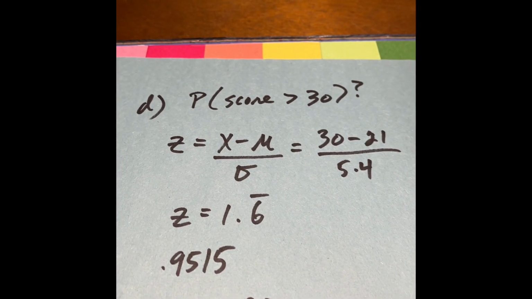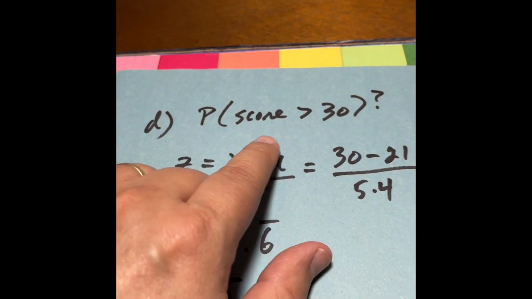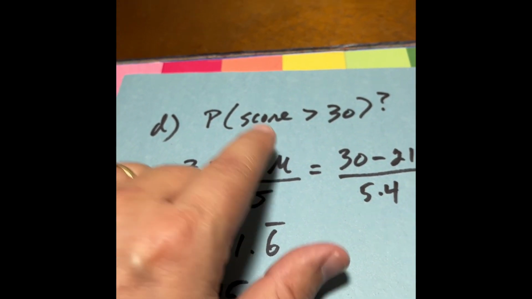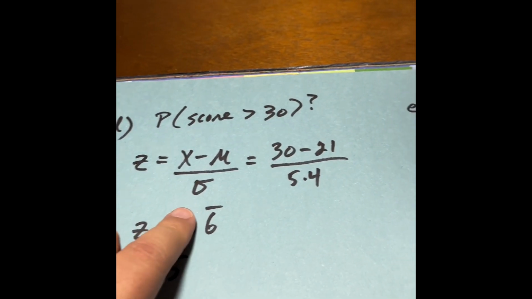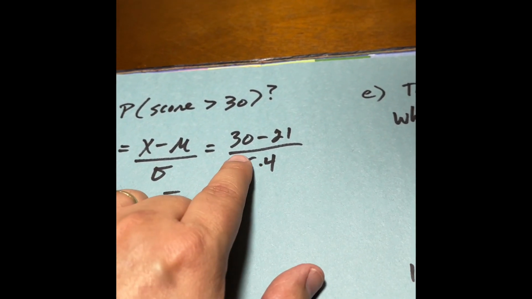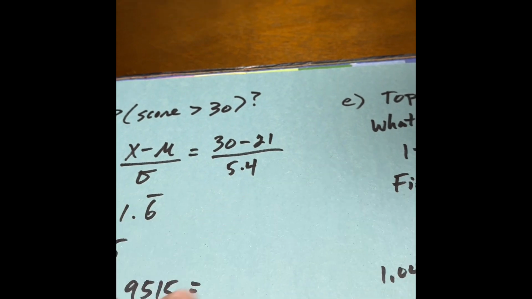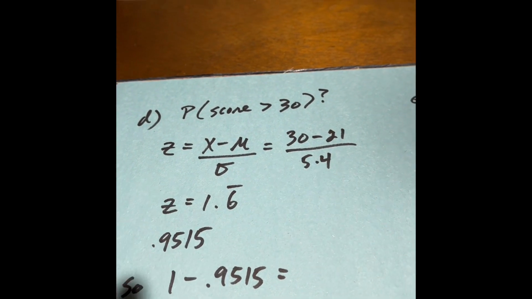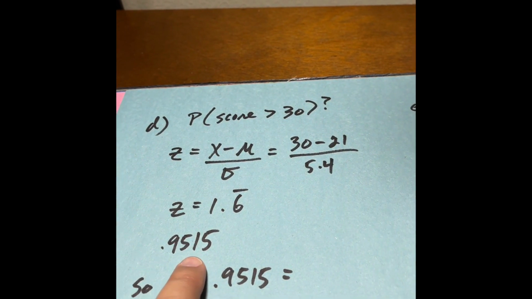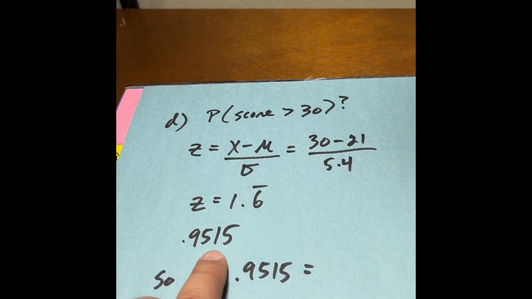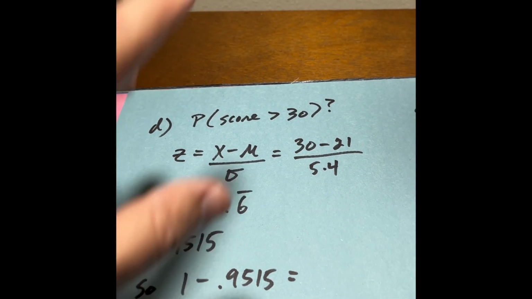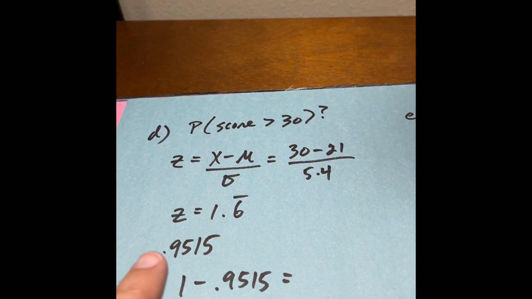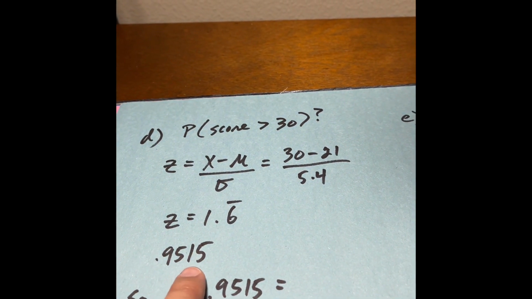And then the next question on this multifaceted problem was, what's the probability of getting a score that's greater than 30? So again, you use this formula, you put 30 in there, 30 minus 21 divided by 5.4 gives you a z-score of 1.6 repeating. If you look that up, you get this value. And whenever it's greater than, you always do 1 minus whatever this value is.